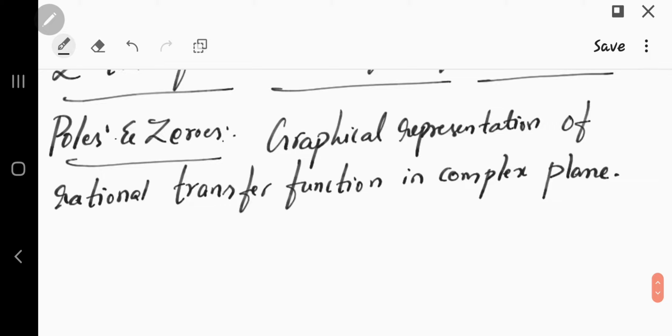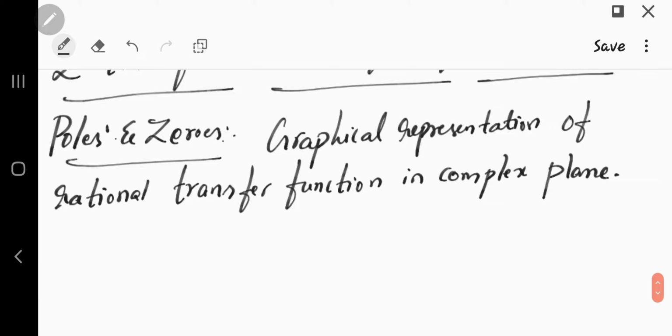Now the transfer function we can represent in z plane or any complex plane. We can represent in S plane as well as the Z plane. It is helpful in conveying the information, like the properties of system, like whether stability or causality property, we can obtain the information from this.